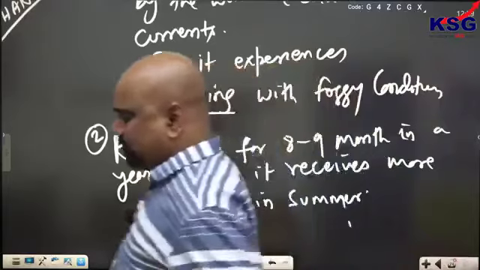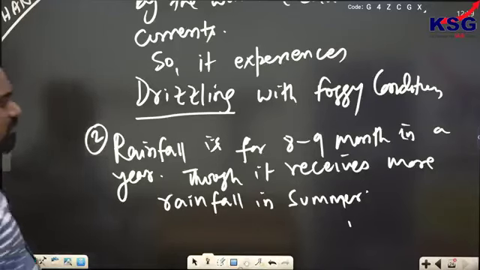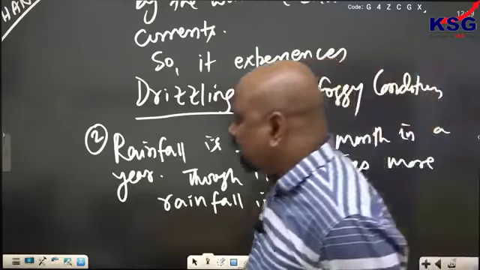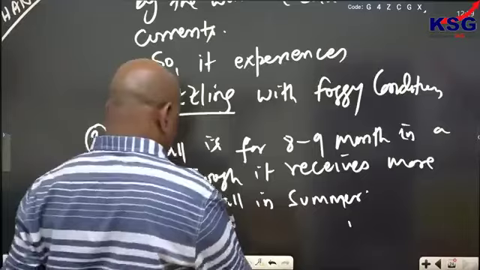It has summer maximum rainfall, okay. Maximum rainfall during the summer season or summer maximum rainfall. This is a very, very important point. Rainfall is for 8 to 9 months or summer maximum rainfall, whatever is there.